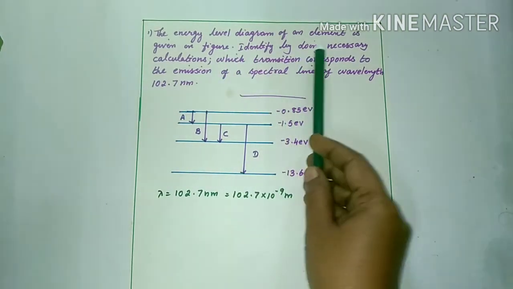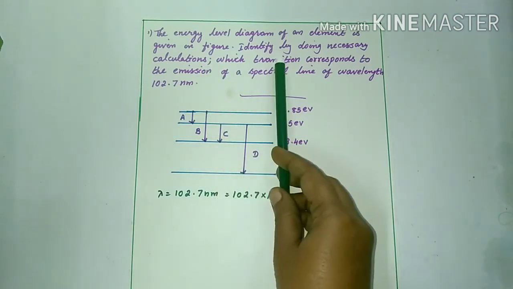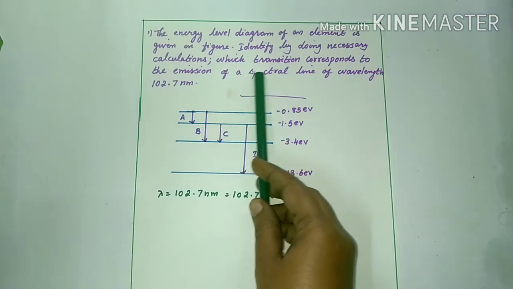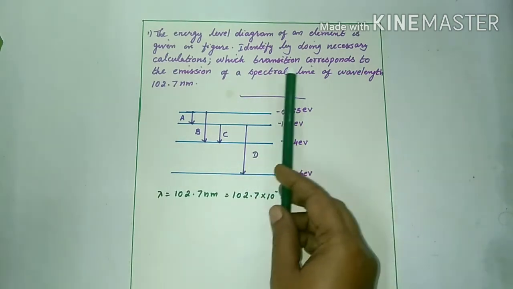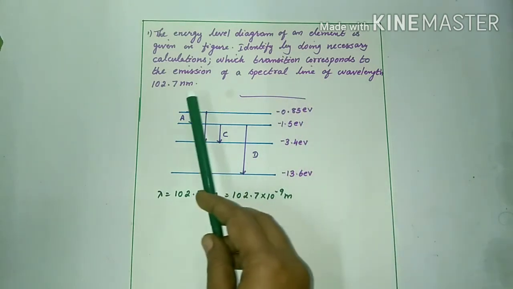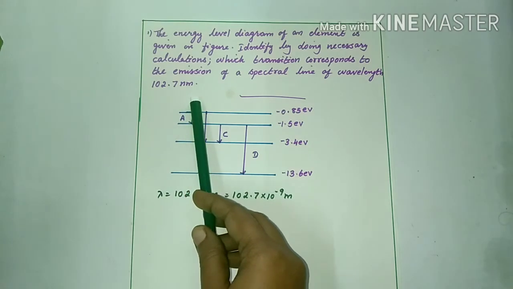The energy level diagram of an element is given in the figure. Identify, by doing necessary calculations, which transition corresponds to the emission of a spectral line of wavelength 102.7 nanometer. That is the question.